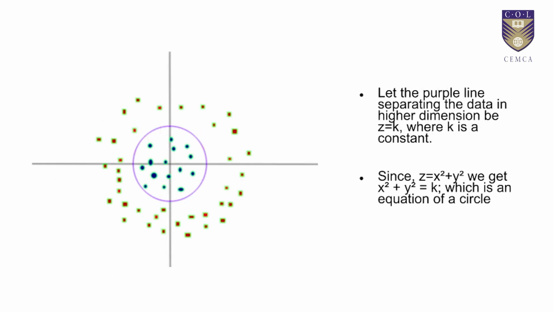Now how would that particular line k look like over here in this lower dimension? This line k, which is equal to x square plus y square, looks like a circle in the lower dimension. And as you can see on the screen, this particular line, or rather circle, is able to divide the class into two distinct classes, and this is what we had tried to achieve.